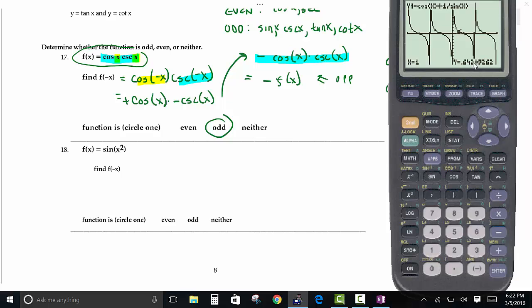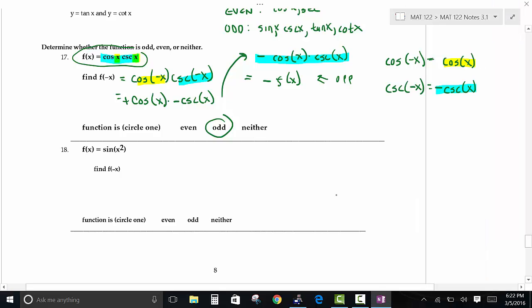So if I did that backwards, if I trace at negative 1, I should get the opposite y value, and I do. So if you traced at all of the points, you would always find that you have that symmetry. So that would demonstrate that that is an odd function graphically. Okay, that doesn't really verify it, it just demonstrates. This is how you verify it algebraically.